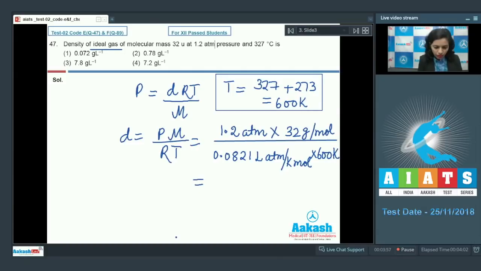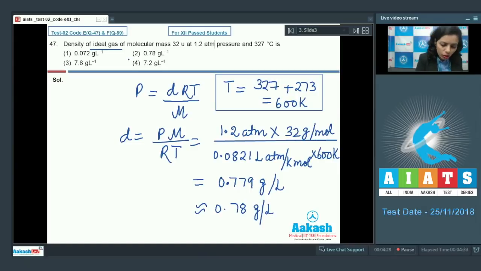And now if you solve this, you will find out that the value is approximately 0.779 gram per liter. And if it is the value, we can easily choose the correct answer, that is approximately 0.78 gram per liter. And it's given in option 2, 0.78 gram per liter. The answer is option 2.